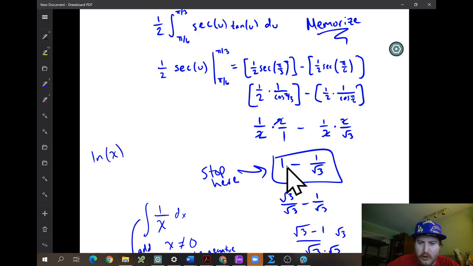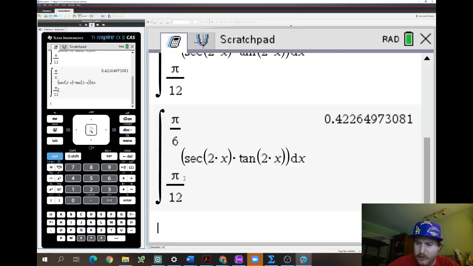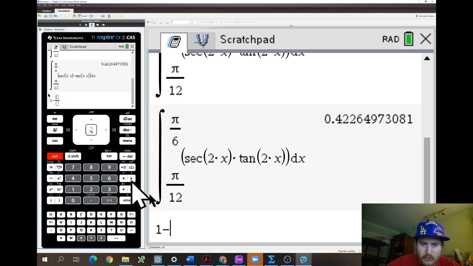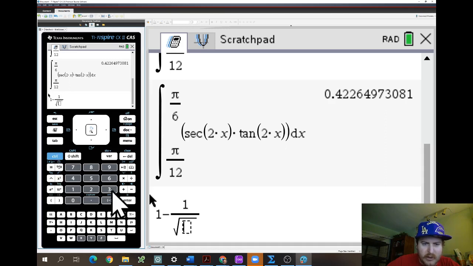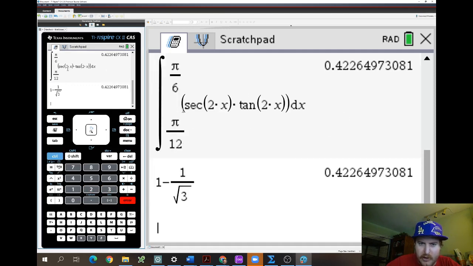And then take your answer that you got, 1 minus 1 over square root of 3, and turn that into a decimal again by hitting Control Enter. If you did this correctly, your decimals will be the same. If you did it incorrectly, our decimals will be different. In this case, the calculator gave us 0.4226, and by hand our answer was 0.4226. Those are the same, so our answers were equivalent.